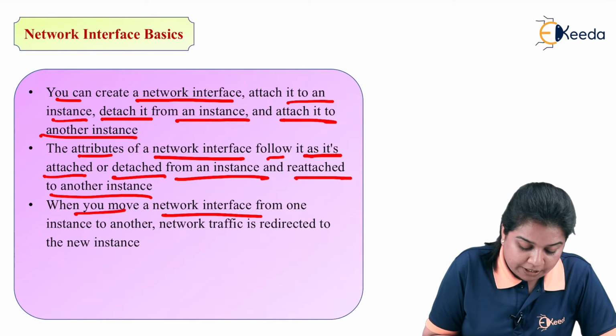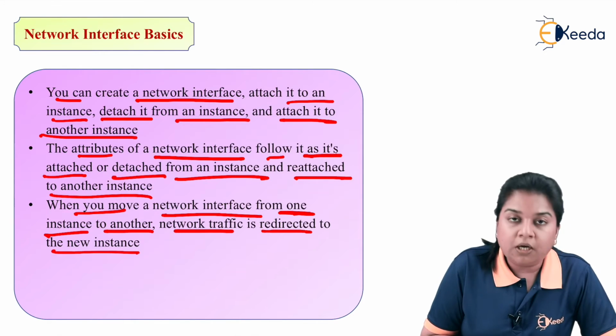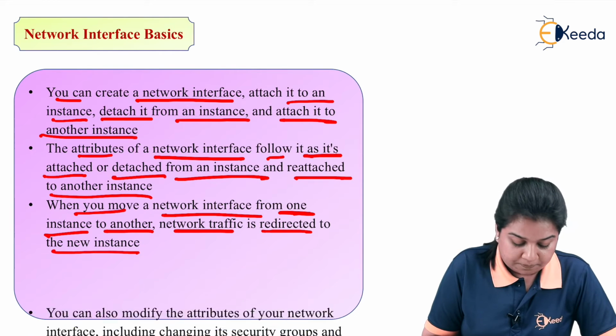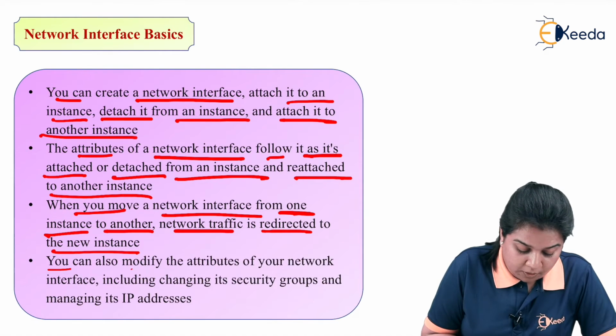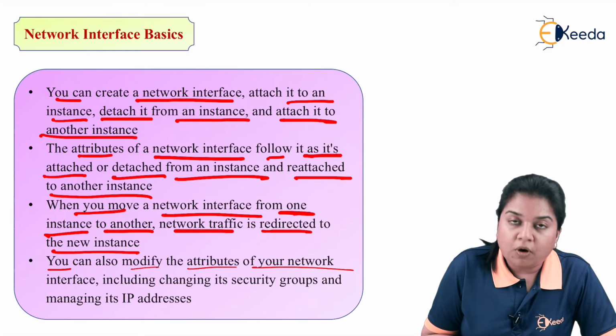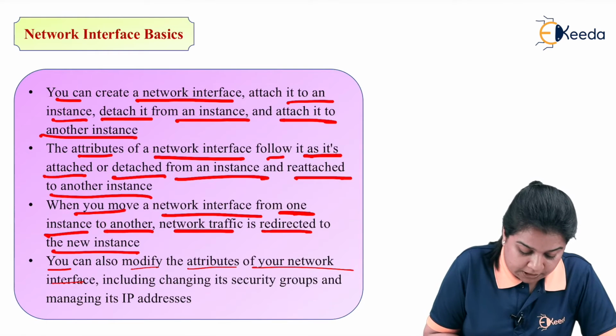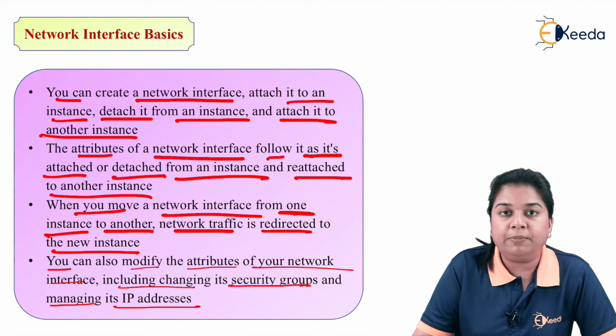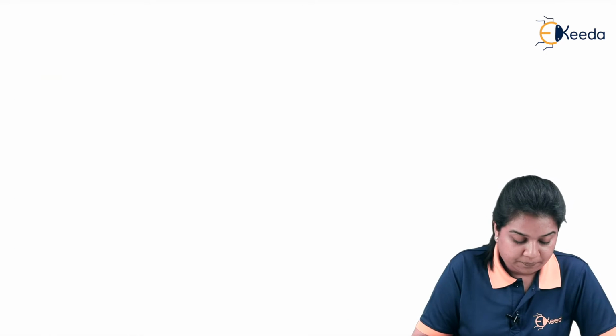When you move a network interface from one instance to another, network traffic is redirected to the new instance. You can also modify the attributes of your network interface, including changing its security groups and managing its IP addresses.